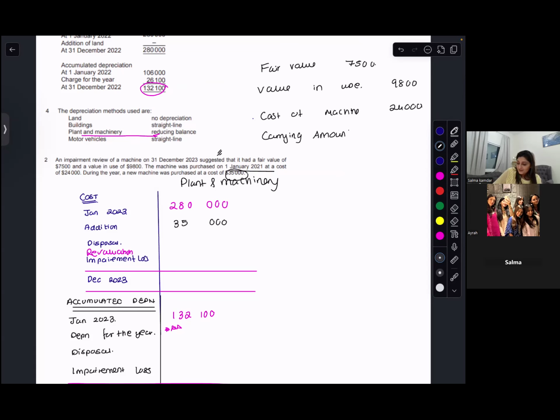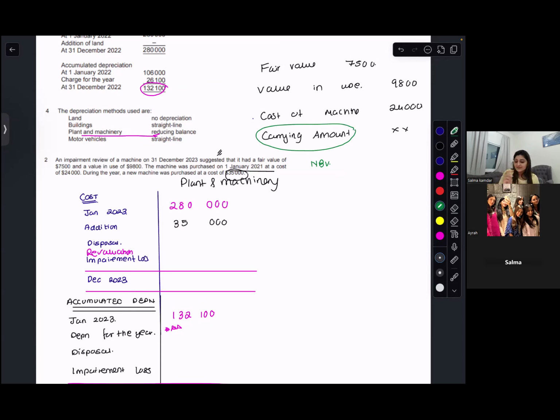What is carrying amount? It is the value that will appear in the books, the net book value. How do I get the impairment loss?